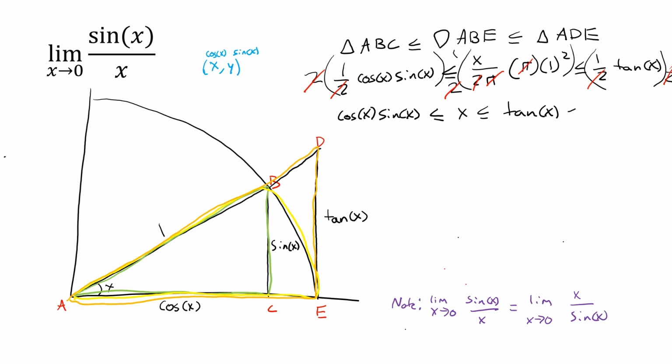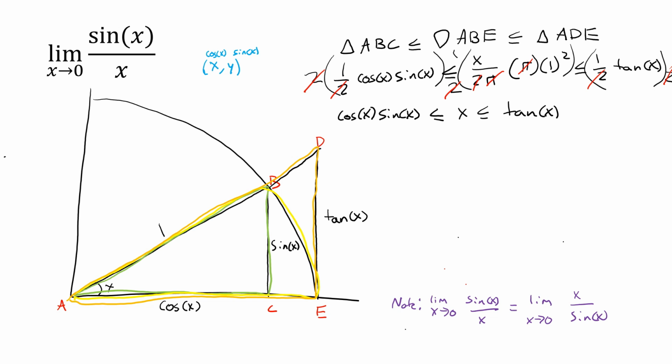Make that note here, that these two limits are equal to each other. You can check this through a graph, and it should make sense, because if you're plugging in 0.001 and negative 0.001 into x over sine of x, you should see that those also equal 1. You can test that using a calculator if you want.